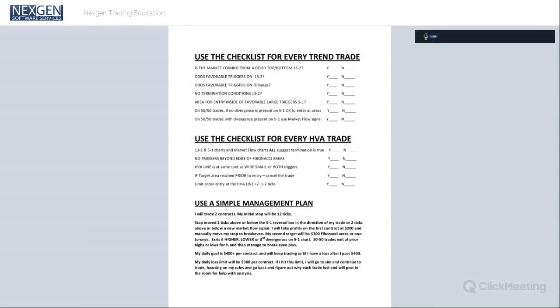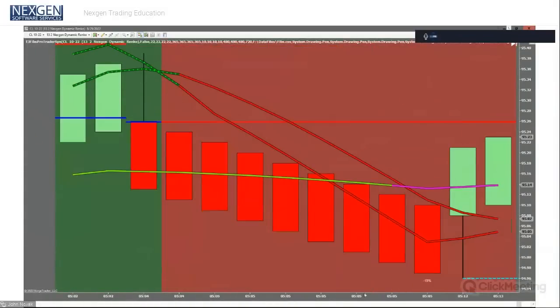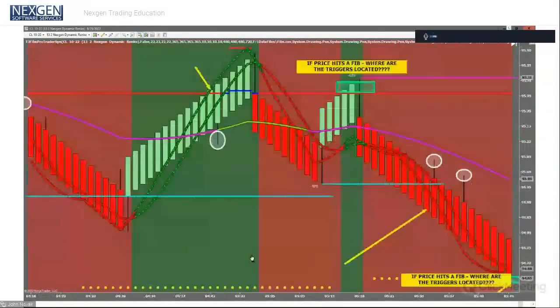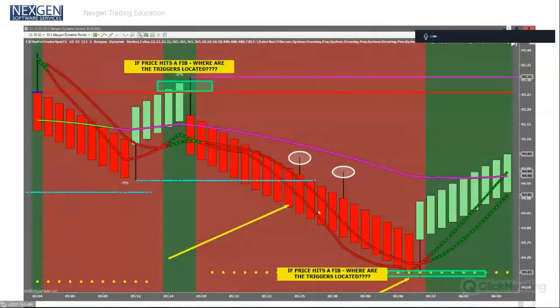Again, it really goes back to this simple thought. If the triggers are crossed up, the odds are favorable that it's going to go up until you hit something. If the triggers are crossed down, let me get to some down triggers, the odds are favorable that we're going to go down.